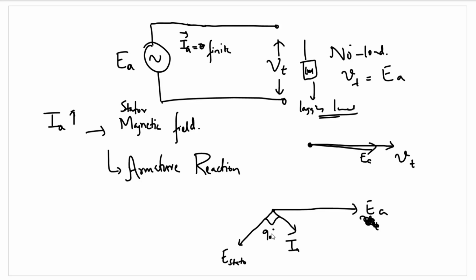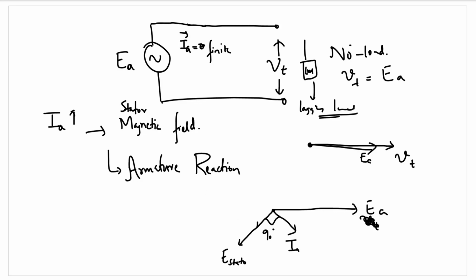Now we can actually find the magnetic field, and accordingly we can find the direction of induction of E stat because of the stator magnetic field. Now, the magnitude of the stator magnetic field will actually be less.